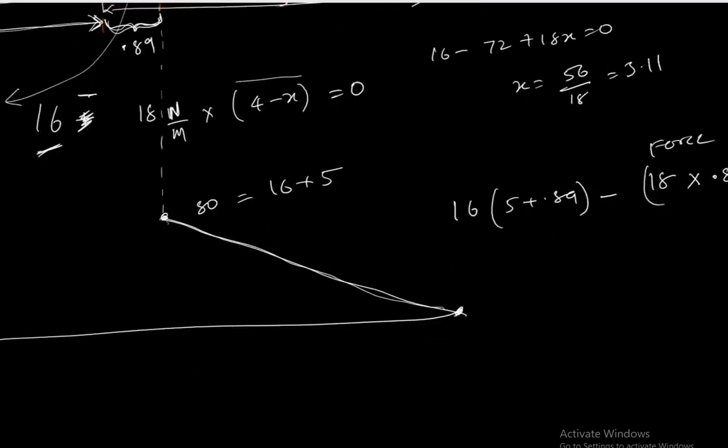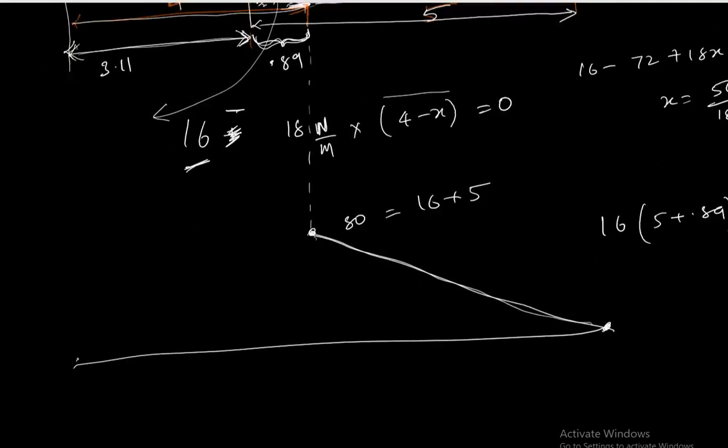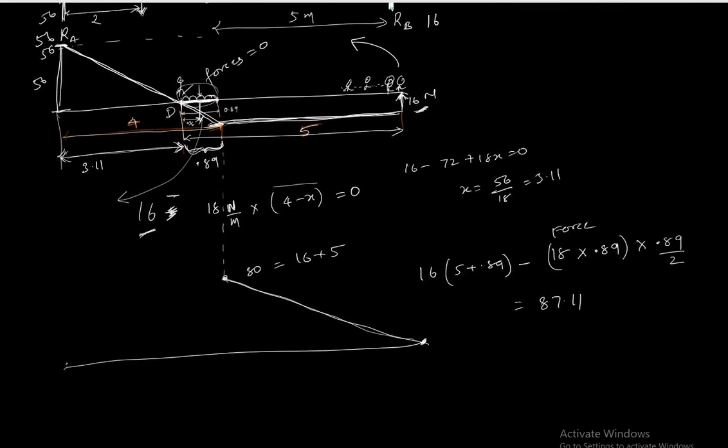That's the moment at point D, and when you do the calculation you get 87.11. Okay, so we get 87.11 at point D, and this is a parabola.